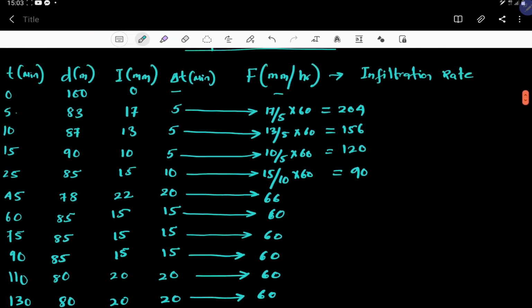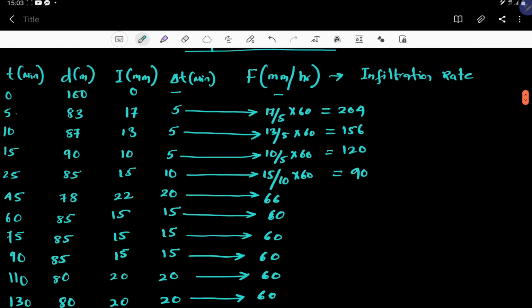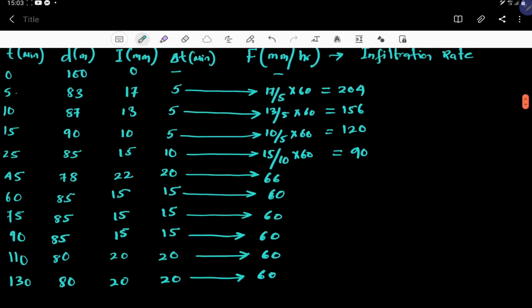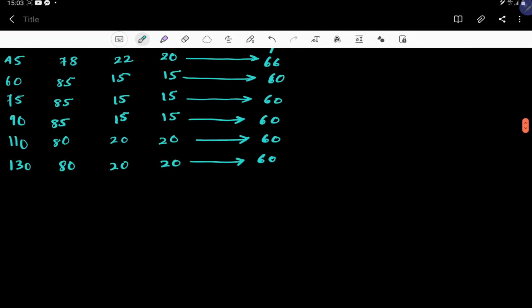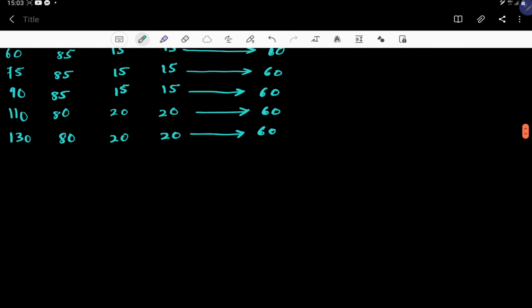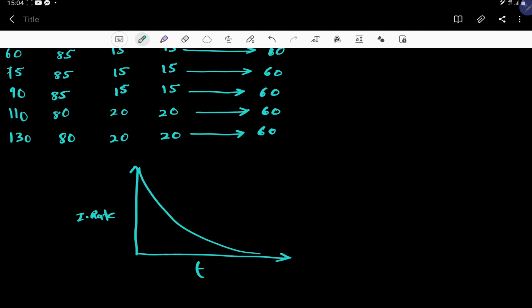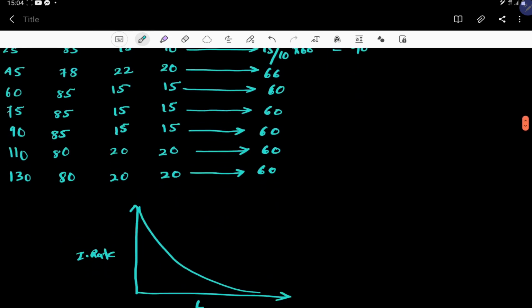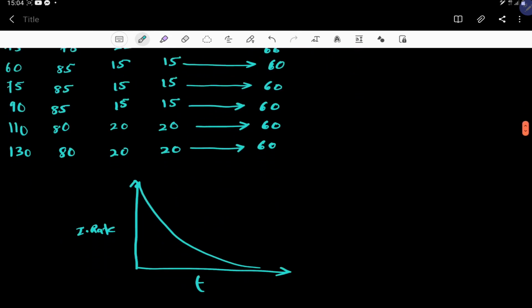Now here, what we need to understand is, if you plot this graph, infiltration rate versus time, you're going to get something like this. The initial infiltration rate is f naught, and later it is fc, right?